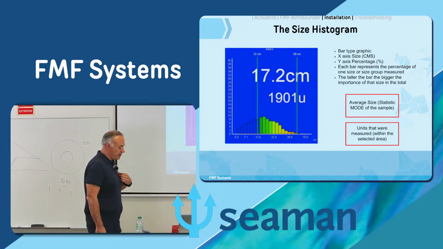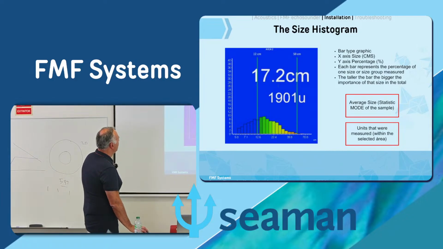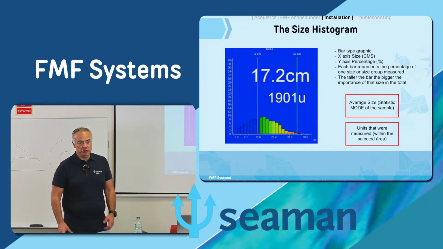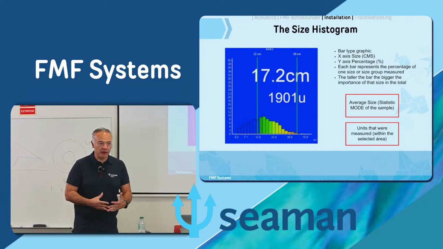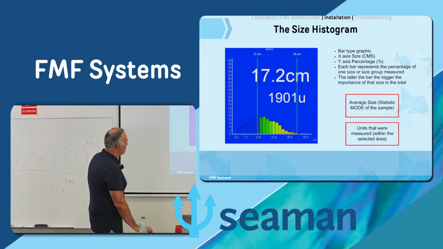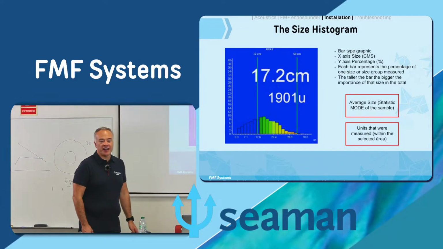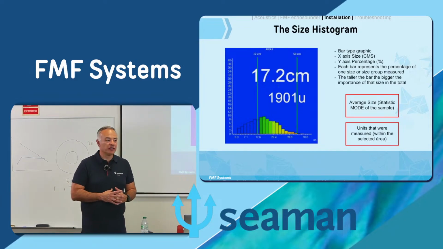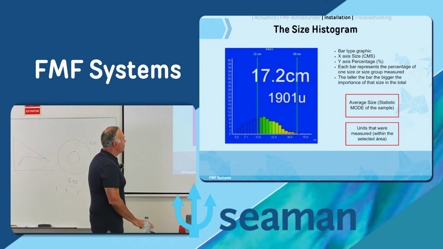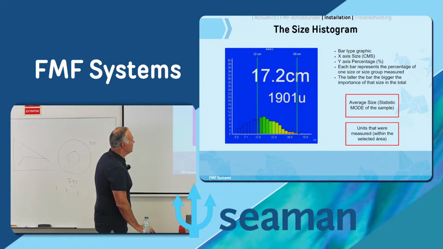In our case, the histogram gives not only the information about the mode or the average. We don't use a regular average. We use a mode, which is the value of the most representative size. So it's not only an average, because if you do an average, the value might not be real or realistic.